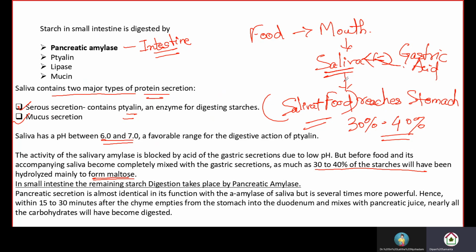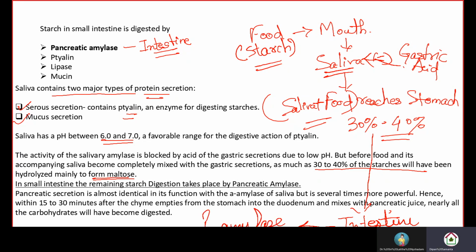So what will happen to the starch? Starch will then go into the intestine, and in the intestine, the rest of the starch digestion will take place by another enzyme, pancreatic amylase, not salivary amylase.